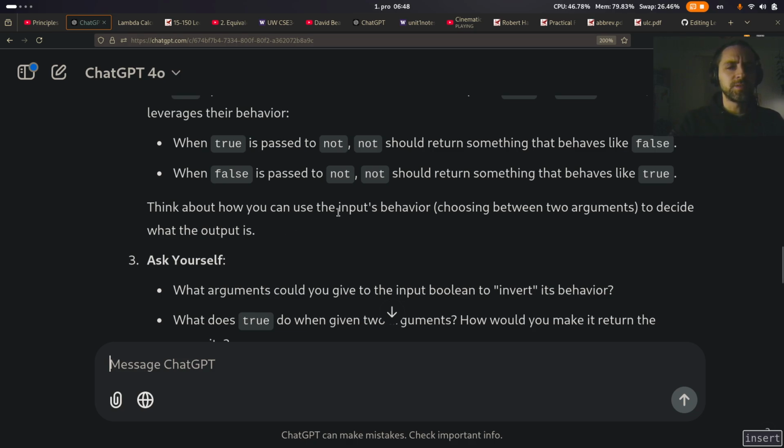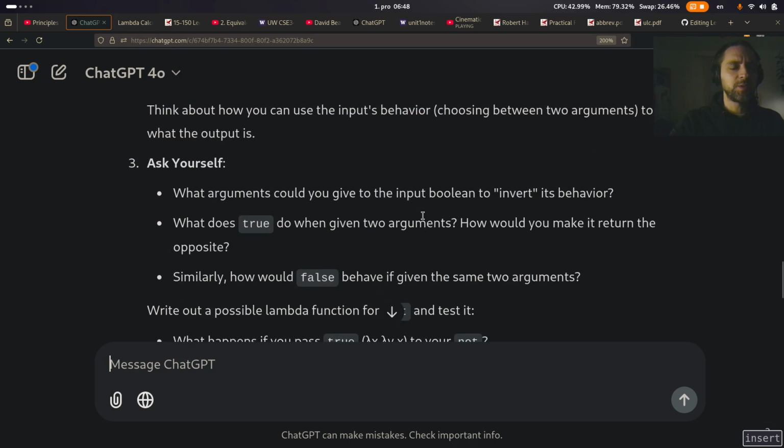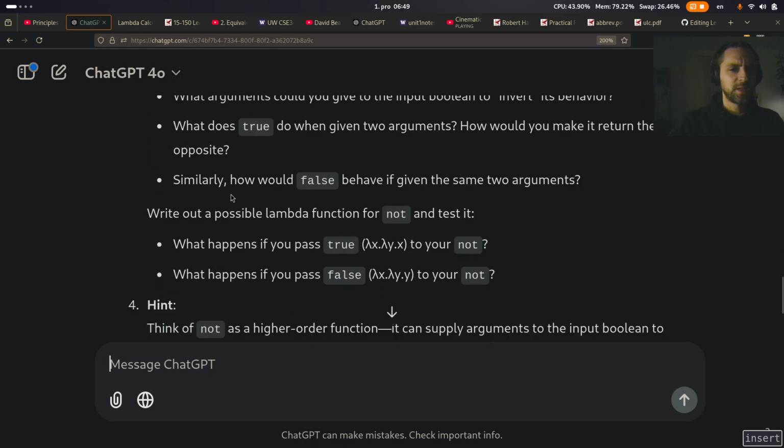Think about how you can use the input's behavior, choosing between two arguments, to decide what the output is. What arguments could you give to the input Boolean to invert its behavior? What does true do when given two arguments? How would you make it return the opposite? How would false behave if given the same two arguments?